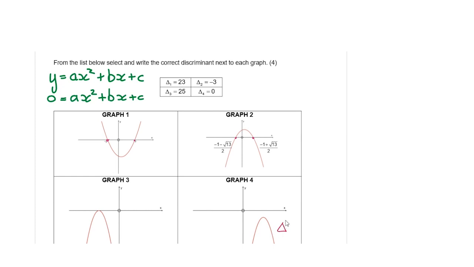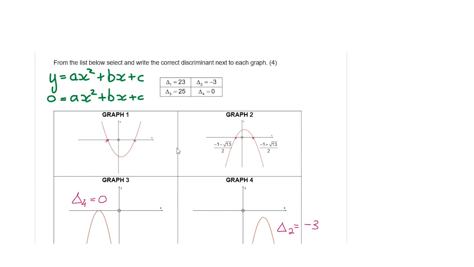That would be delta 2 equal to minus 3. What we're doing here is we're matching different delta values to different graphs. If we look at graph number 3, it actually only has one root or two equal roots. And remember, our roots are equal when delta is 0. So graph 3 matches to delta 4 equals 0.